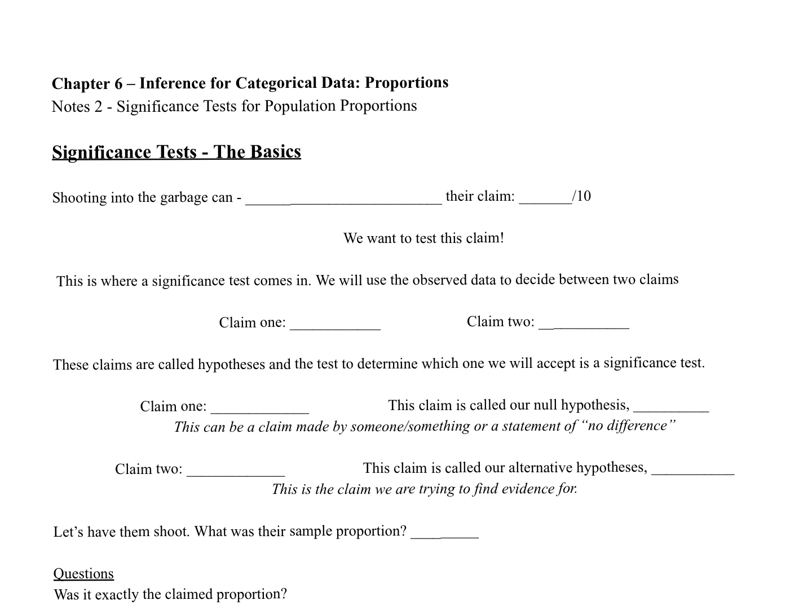Suppose in a class you're going to be shooting a ball into a garbage can, and you have a student, Bob, who claims that they can make 8 out of 10 shots into the can. And we want to test this claim. We want to know how likely this is to happen, which is where significance tests come in.